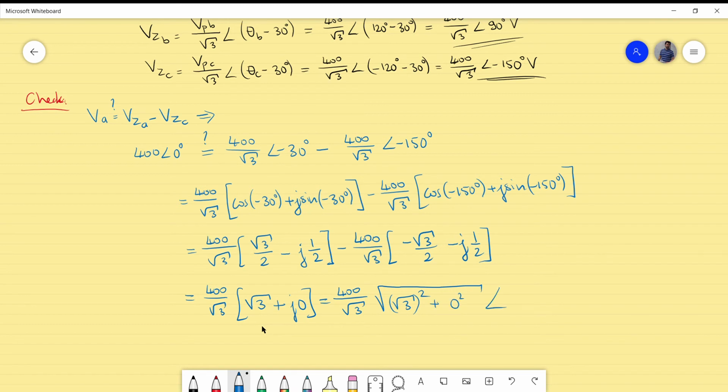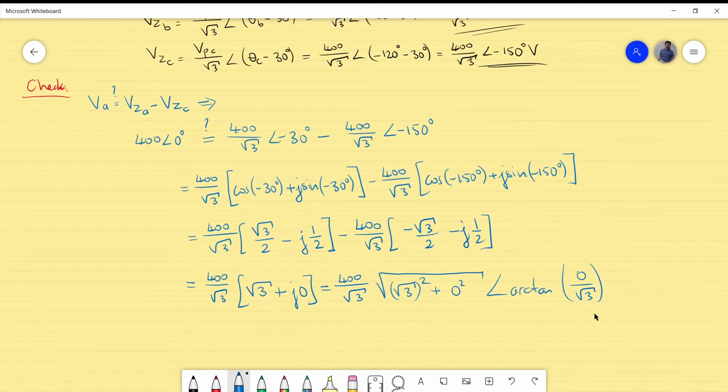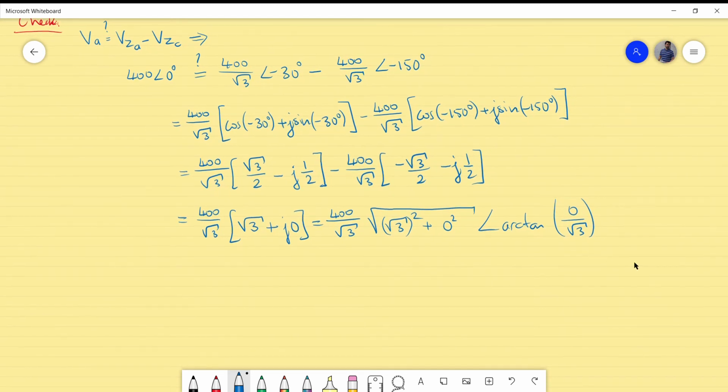So we will take also the arctangent of the imaginary part divided by the real part. Sometimes helpful to do that in a little bit slow pace. So what we have is the following: this will be 400 divided by square root of 3 times, and this one is just square root of 3 in total with the square root, etc.